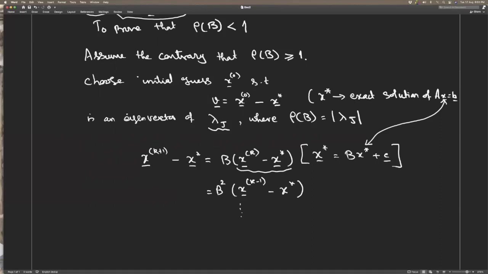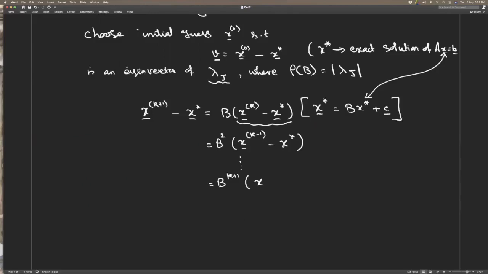Like that, if you go on, you will finally have B to the power k plus 1 into x0 minus x star. And recall, you have chosen your initial guess x0 in such a way that this is your eigenvector v. Therefore, this is equal to B to the power k plus 1 times v, and that is equal to lambda j to the power k plus 1 times v.